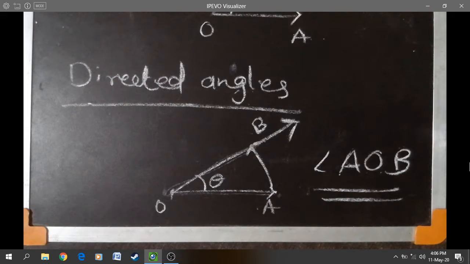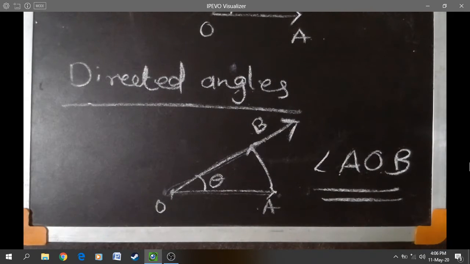So, what will be the definition of this directed angle? The definition will be the ordered pair of rays. Listen carefully. Ordered pair means the pair should be in an order.